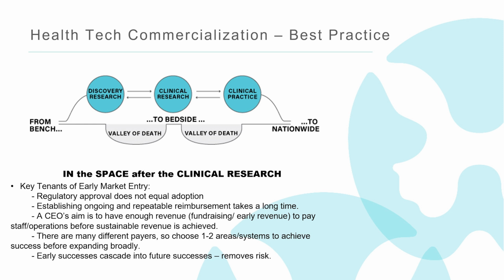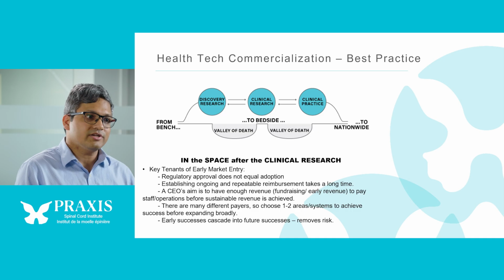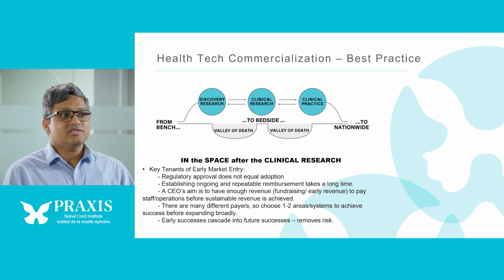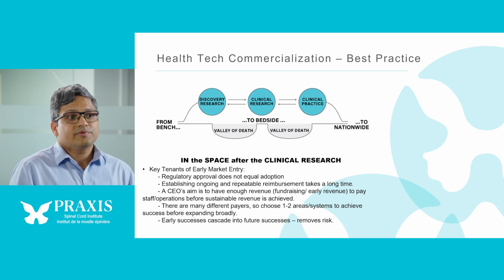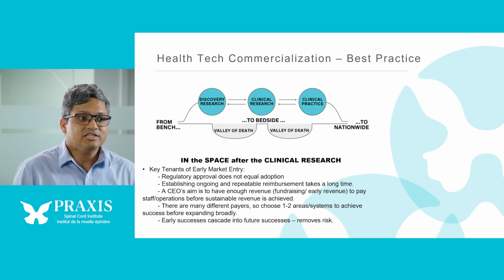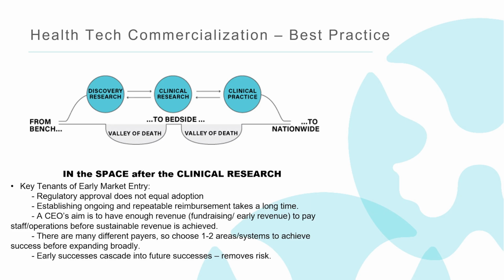Establishing a reputable reimbursement model takes a long time because payers need to see the value in supporting your technology. So as a CEO, your aim should be to have enough revenue, not just for clinical trials, but to pay your staff for your operations before a sustainable revenue is achieved.